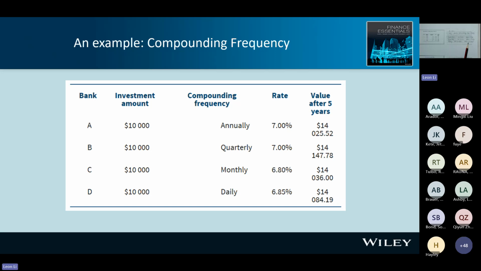And the daily rate, I over 365. All right. So here we just give you the example, and you can see how we adjust the data according to the compounding frequency.